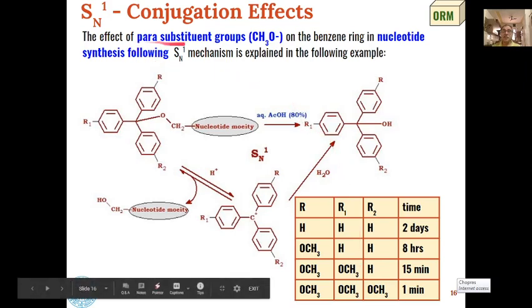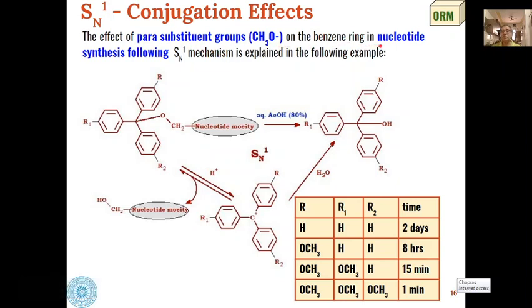Then another example of para substituent groups on the benzene ring comes from nucleotide synthesis, which follows the SN1 mechanism. For example, if we have this type of nucleotide moiety, and it undergoes an SN1 type of reaction in aqueous acetic acid, 80% aqueous acetic acid, what will happen?